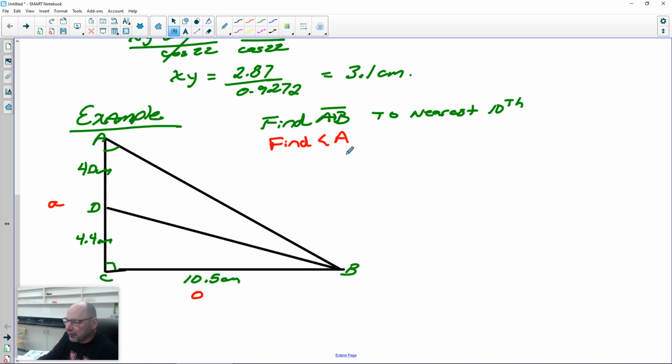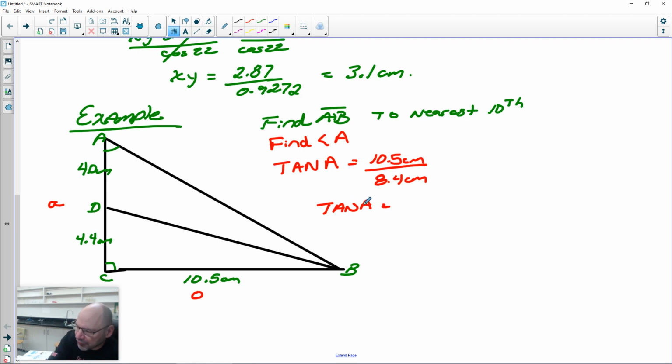Okay, so angle A in this case is going to be tan of A, because we're looking at opposite over adjacent. So that's going to be 10.5 centimeters over, you have to add these two together, 8.4 centimeters. Okay, do our division. Take your calculator out, go 10.5 divided by 8.4, 1.25.